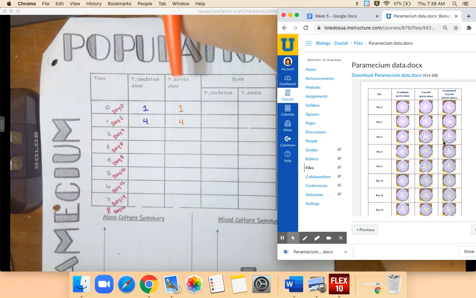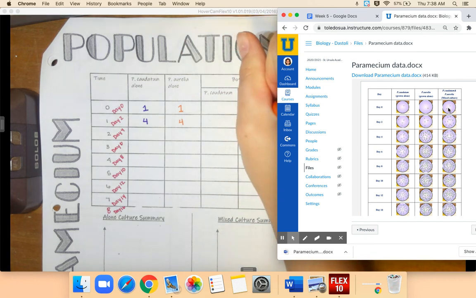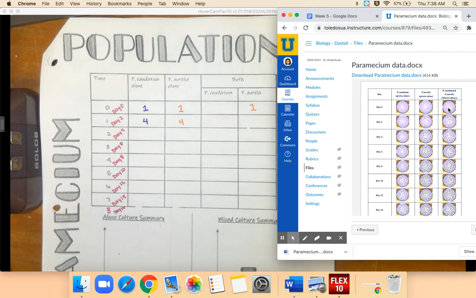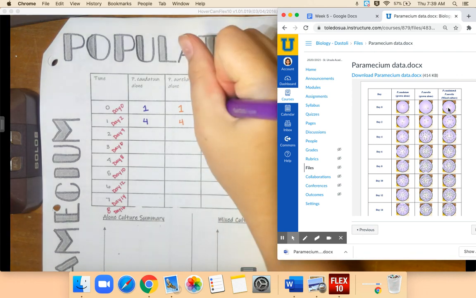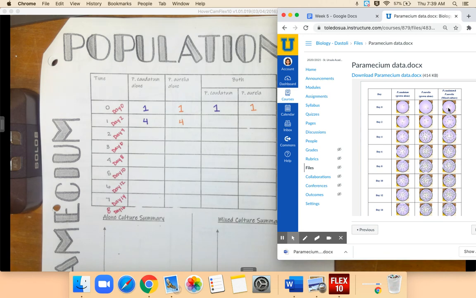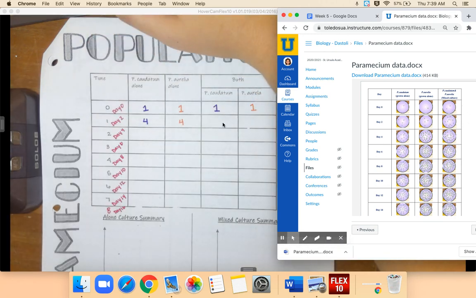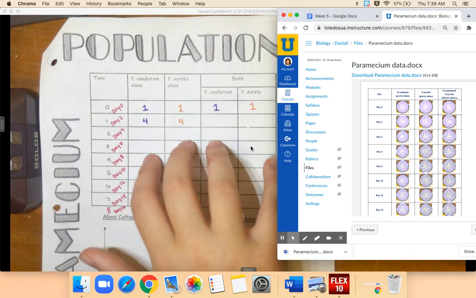So it looks like in day 1, there is 1 of PA and 1 of PC. Like I said, you're going to have to zoom in and get a good count of these things so that your data will be good, but you're going to fill out this table.